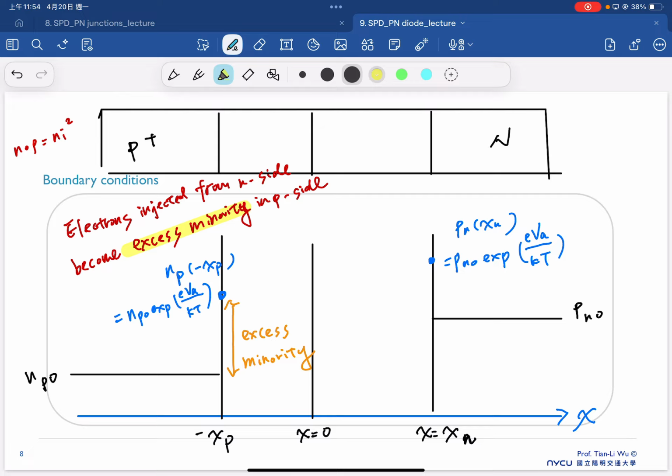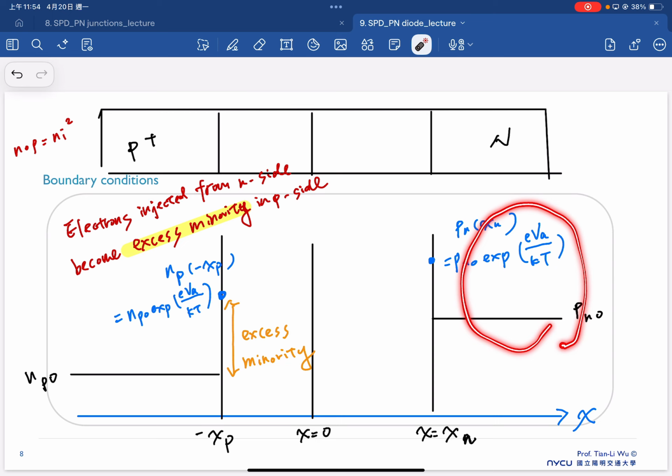So let me explain again. Under the forward bias, our barrier is reduced. So finally, our electrons are able to flow to here. Electrons originally are the majority carrier on the N side, but once moved to the P side, they become the minority carrier.